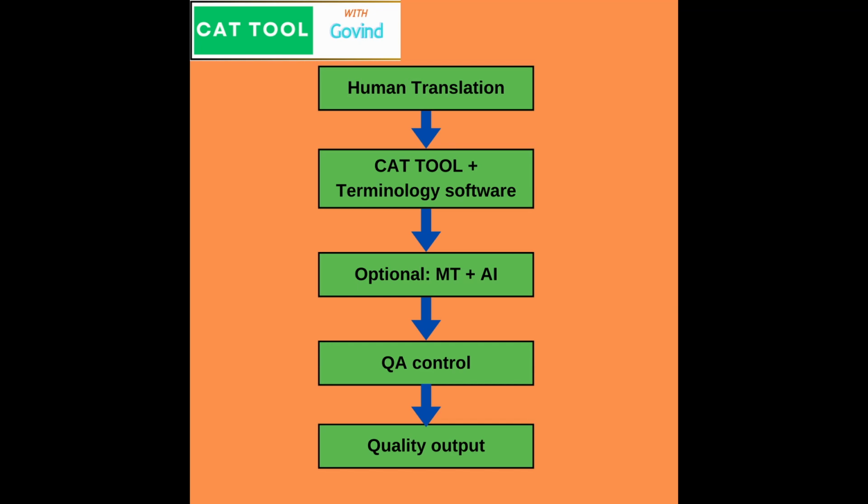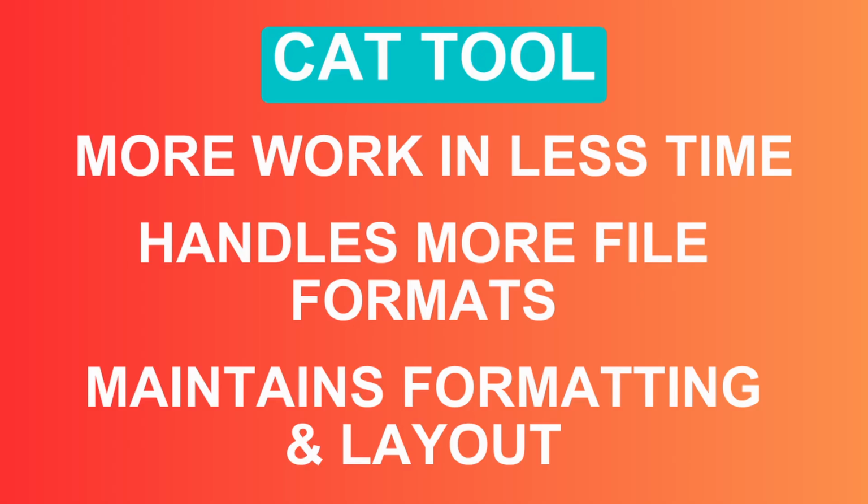So the main benefits of a cat tool, apart from productivity, consistency, and quality, is that we can do more work in less time. We'll be able to handle more file formats, like 30 plus or 50 plus file formats depending on the cat tool that you use, and the formatting and layout are perfectly maintained by the cat tool in the majority of cases.